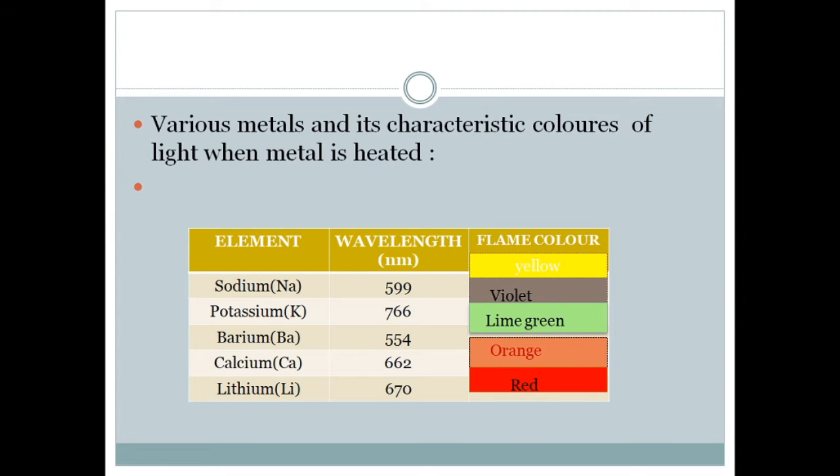Various metals and their characteristic colors of light when the metal is heated. I already told you that when we change the metal, its color also changes. Here, sodium gives yellow, potassium gives violet, barium gives lime green, calcium gives orange, and lithium gives red.